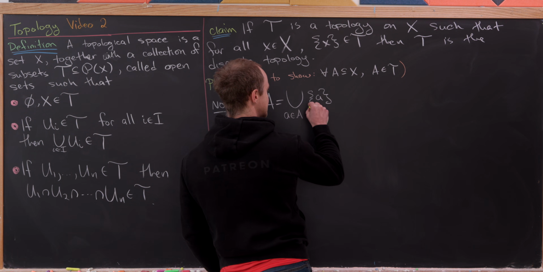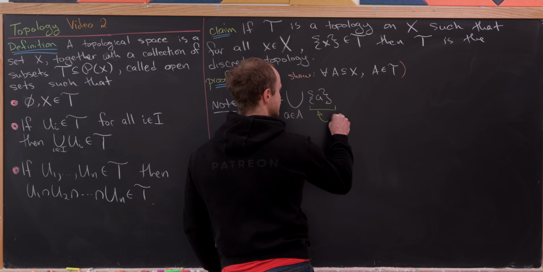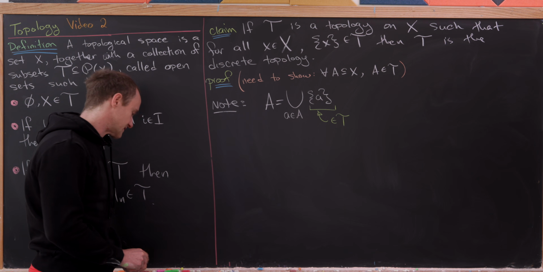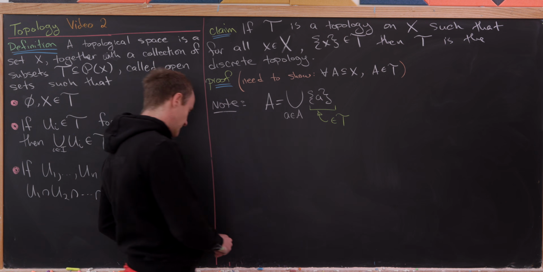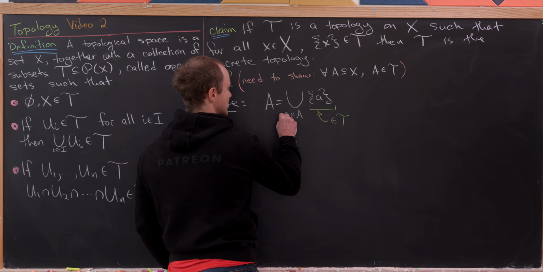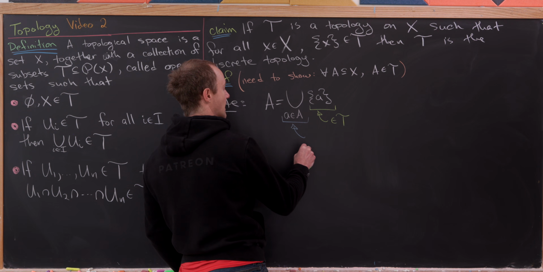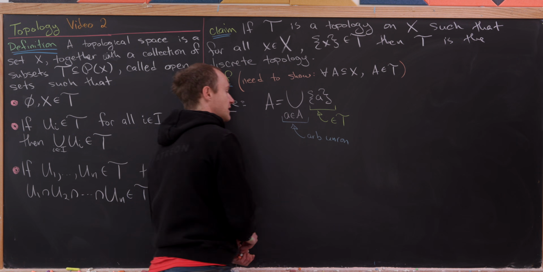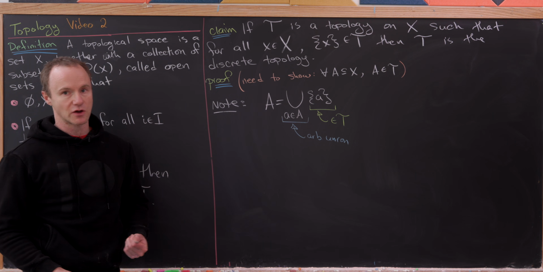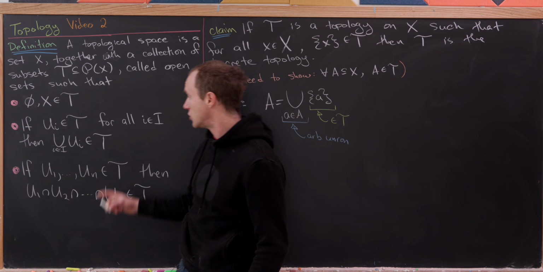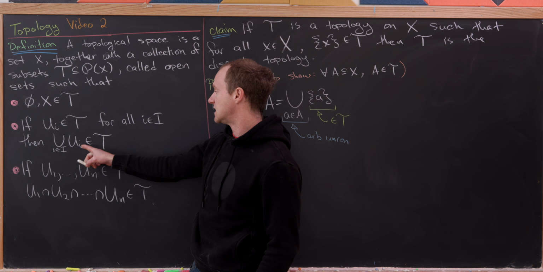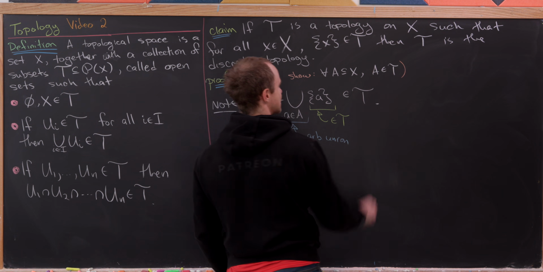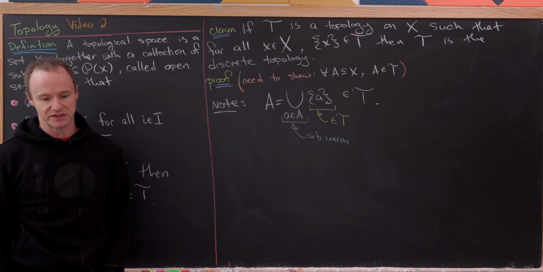We know that the singleton containing a is most definitely in our T, because all singletons are inside of our T. And then let's notice that this union over all a in A is an arbitrary union. But we know that the arbitrary union of open sets is open. In other words, the arbitrary union of elements of T is an element of T. So that tells us that A is inside T, but that's exactly what we needed to show.